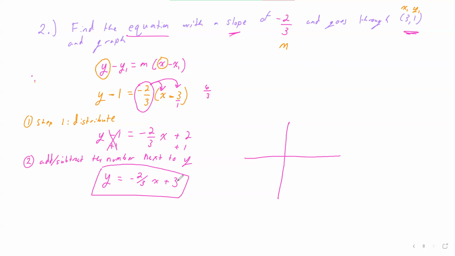Okay. Then how do I graph 3? What's my slope tell me to do? Go down 2 and then over 3. So I think that point would be 3, 1.